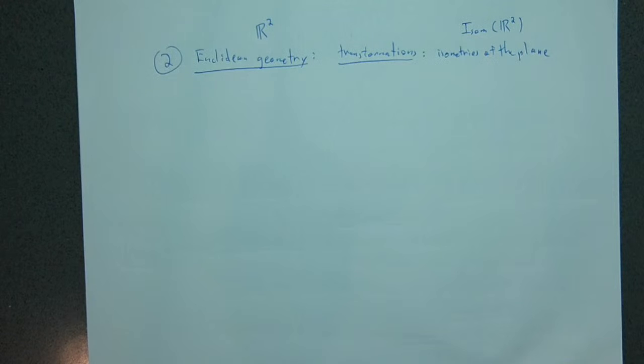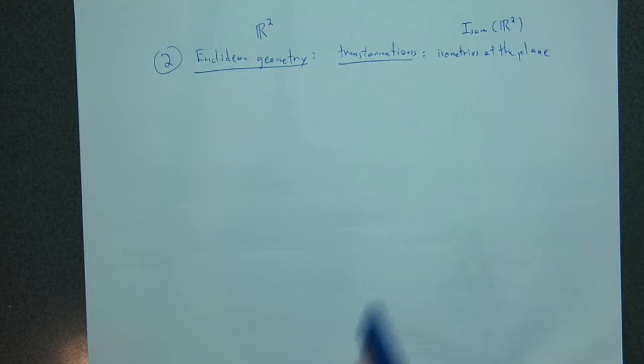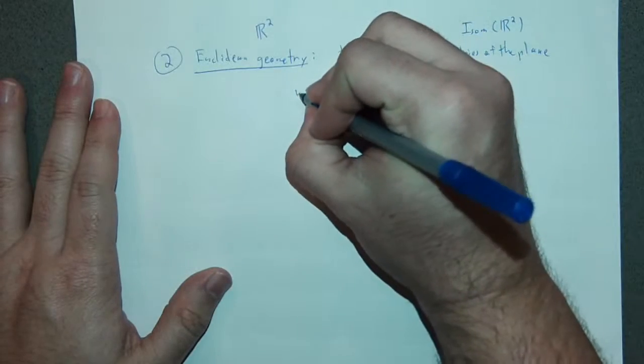All right, so this is the Euclidean isometry group of the plane. I'll define that word group here in a second. Okay, so isometries of R2. All right, so those are my transformations. Now, what do these preserve? Okay, what do these preserve?